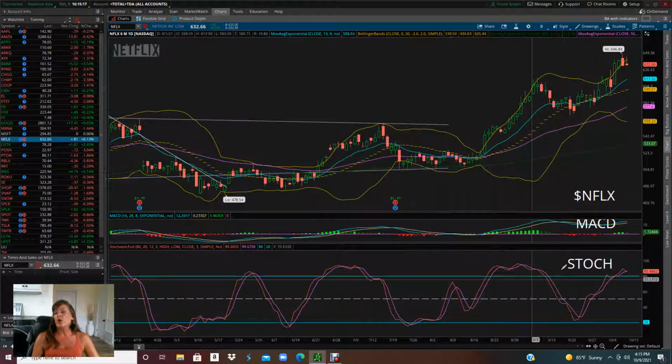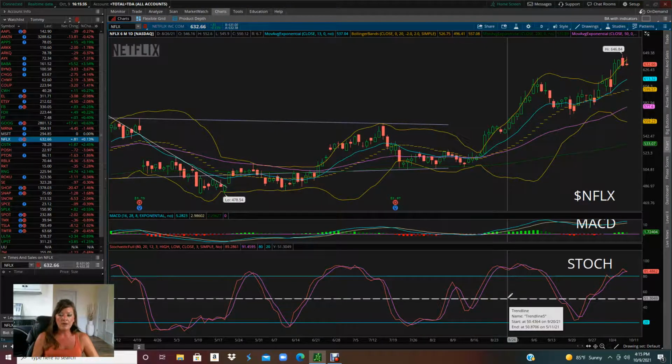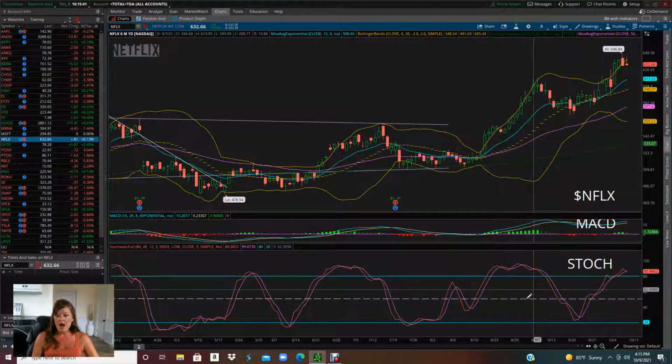I always draw this 50 line in, and above this 50 line is more bullish, below this 50 line is more bearish. On some stocks, you'll see it stop right at the 50 or right below the 50. So you can gauge if momentum's getting bullish or bearish.